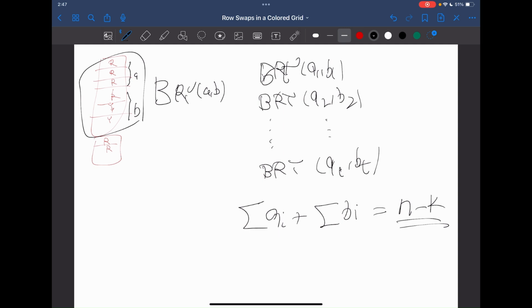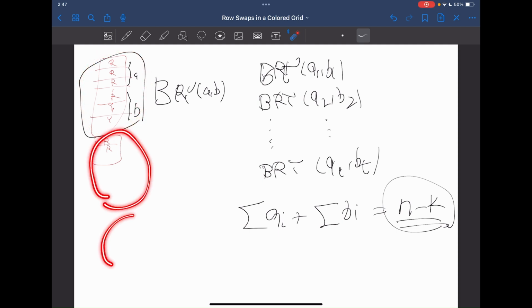Because I assumed that I had k blue cells, so the elements left are of size n minus k. So basically now I just need to show that this one block is attainable. And I can repeat the same argument for the rest of them. I just need to shift all the values that I have here.